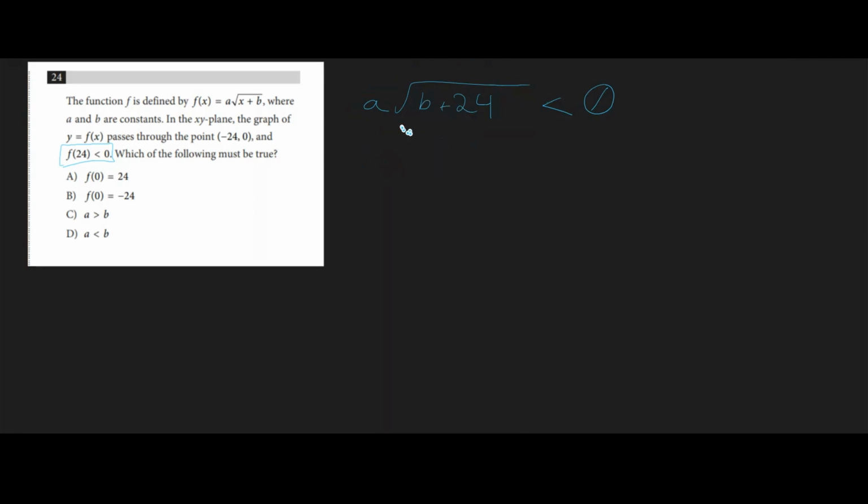Because if this part is positive, in order for this entire expression to be negative, we must assume that a is negative. So we can deduce that if a is negative, a is less than 0, because any number less than 0 is negative. I hope that makes sense.